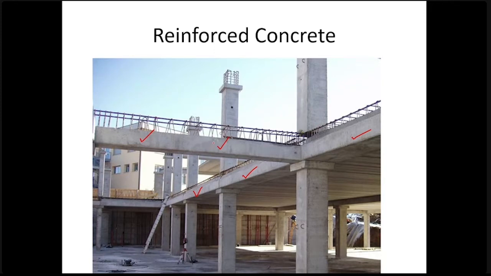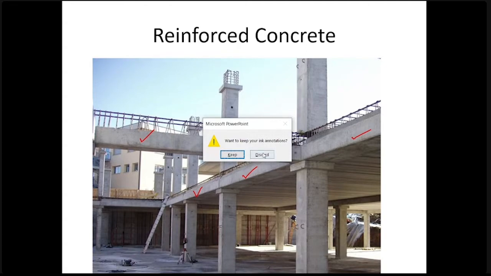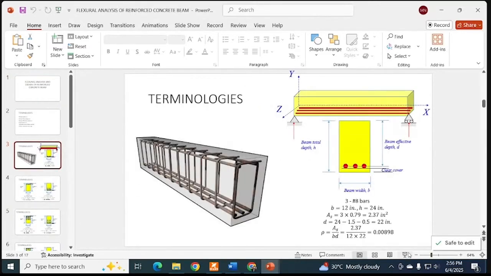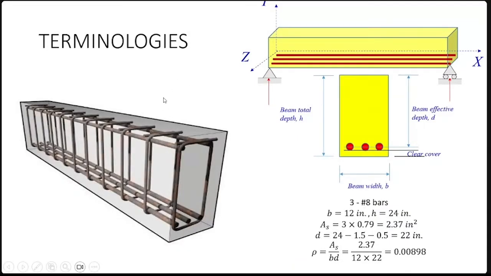Now, if you take a beam out of your structure and look at it carefully, you will see that the beam actually looks like this. Look at the figure to the left side. We have concrete, and inside concrete we have these reinforcing bars. First of all, we need to understand some terminologies.